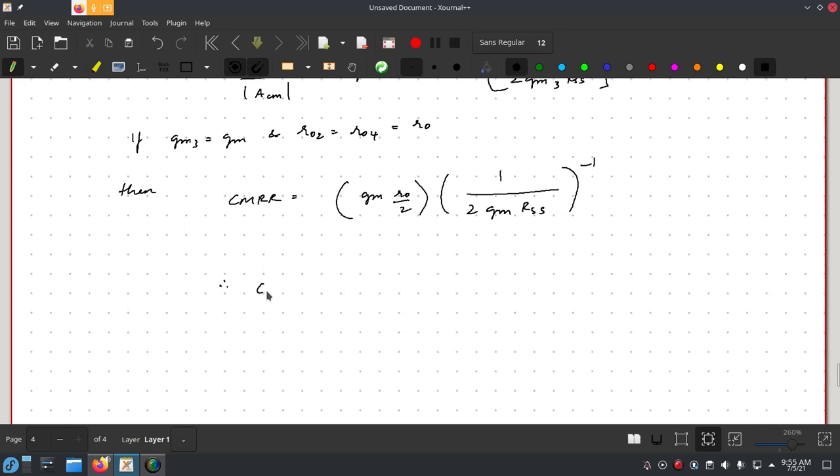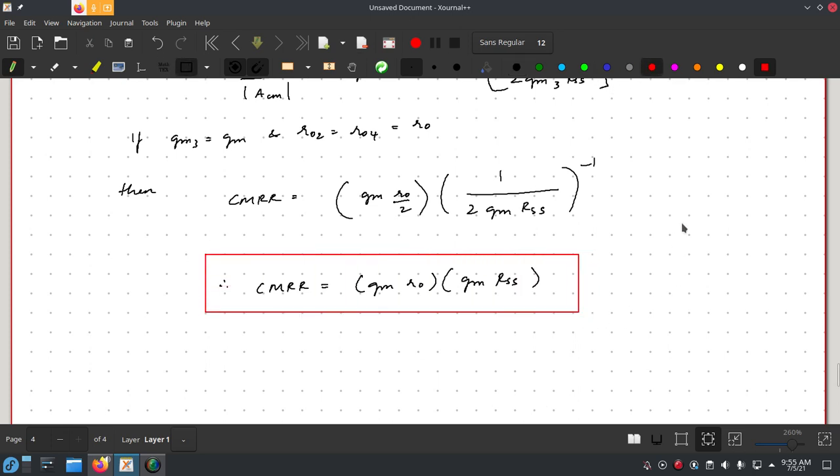Therefore CMRR is Gm into R0 into Gm into RSS. This is the CMRR of the differential amplifier.